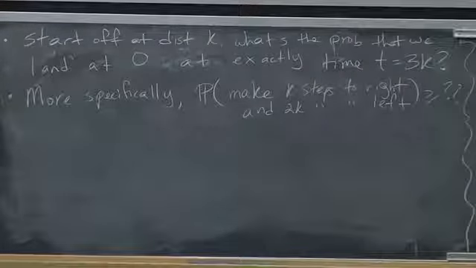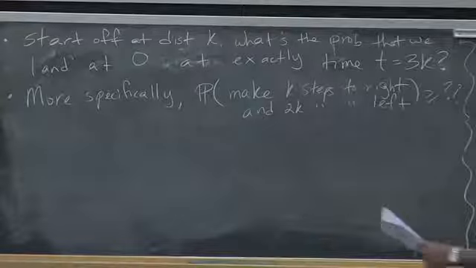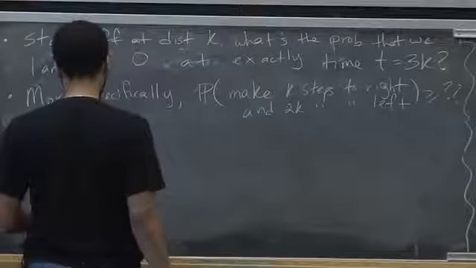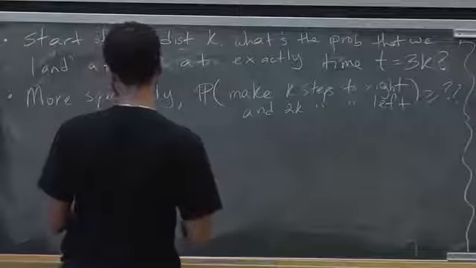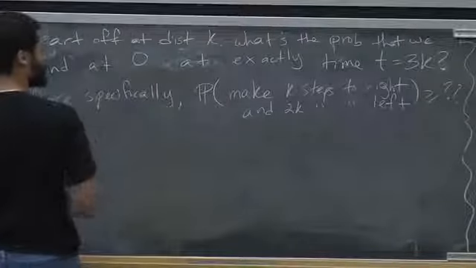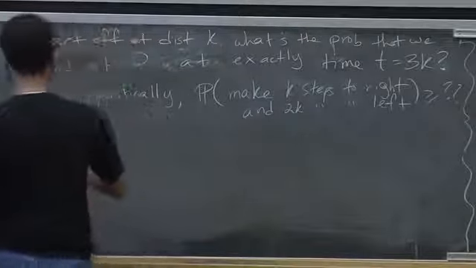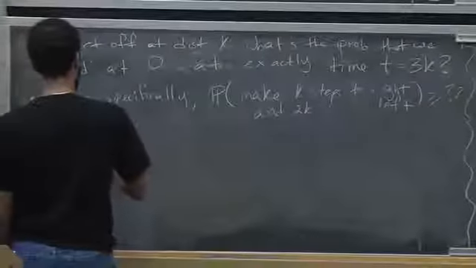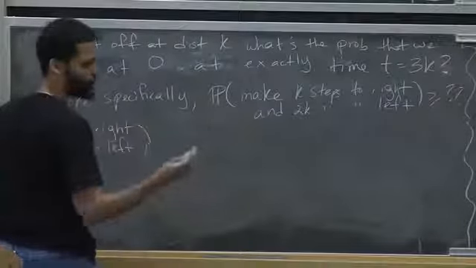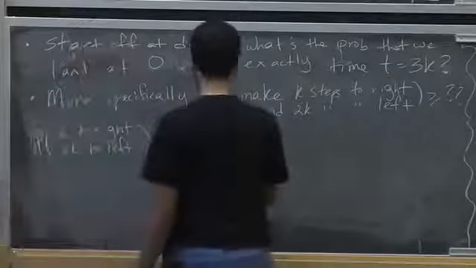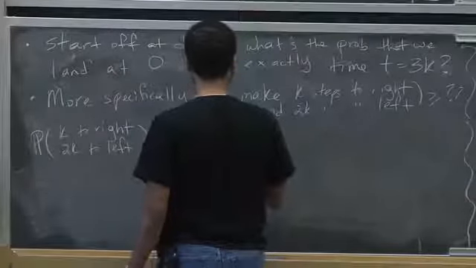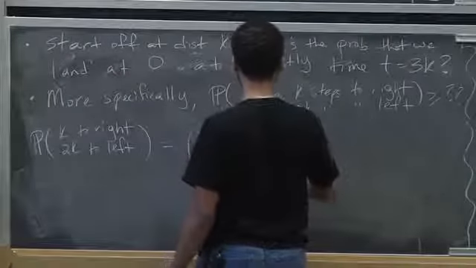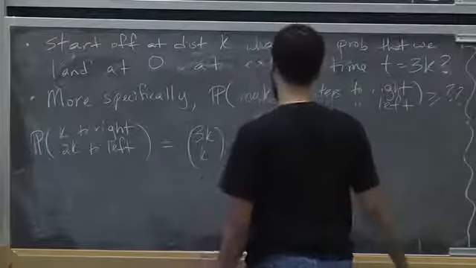I'm going to look at this specific way of succeeding. The probability that we make exactly k steps to the right and 2k steps to the left in our walk of length 3k is 3k choose k times (1/3) to the k, times (2/3) to the 2k.